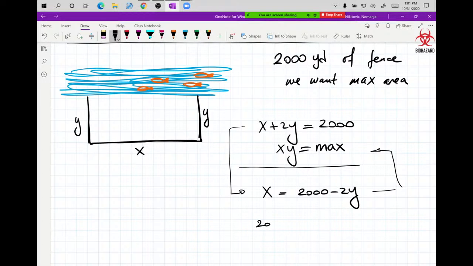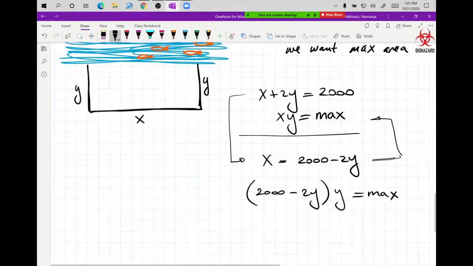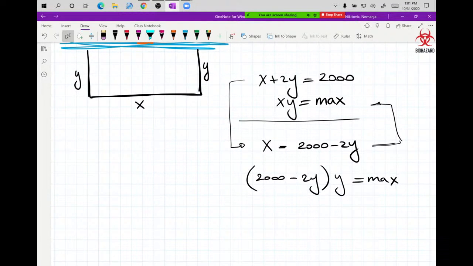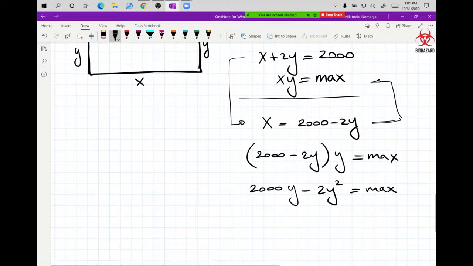So now you have 2,000 minus 2y, all of this times y, equals a max. Right? Because we plug that equation into the product. And now you have 2,000y minus 2y squared equals a max.